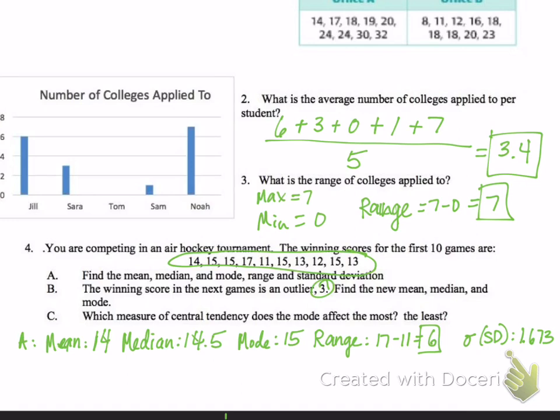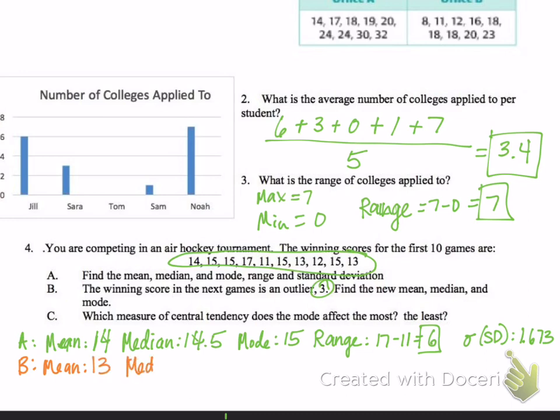So for part B, now I want to see how the mean, median, and mode change. So when I added 3 to the data, what happened to my mean? It is now what? 13. Oh, yeah, sorry.